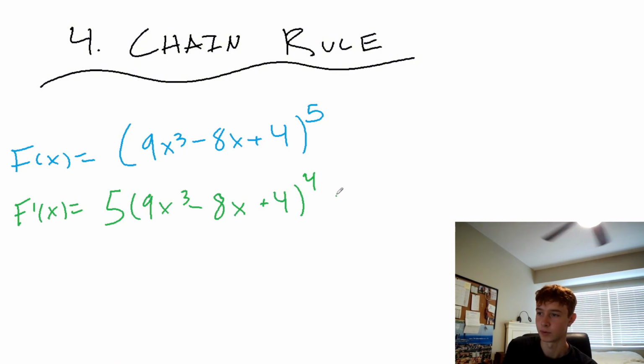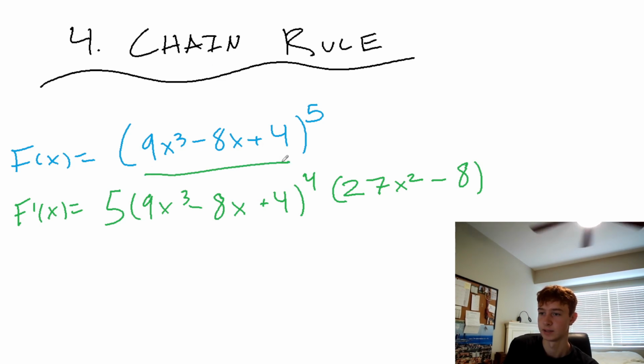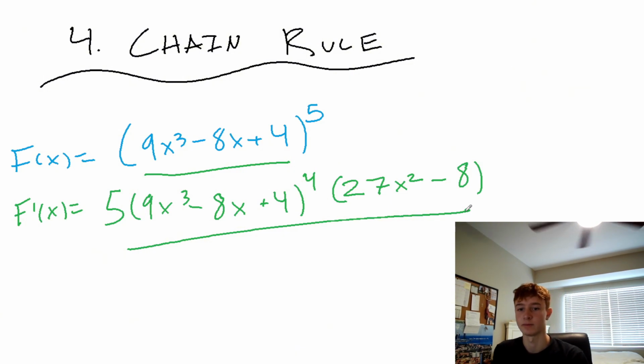And then we're going to multiply that by the derivative of the inside function. So that would be 27x squared minus 8, and that's it. So by applying the chain rule to take the derivative of this function, we end up with this new function, f prime of x.